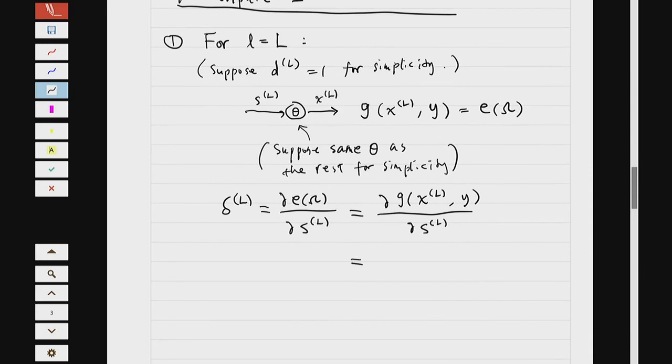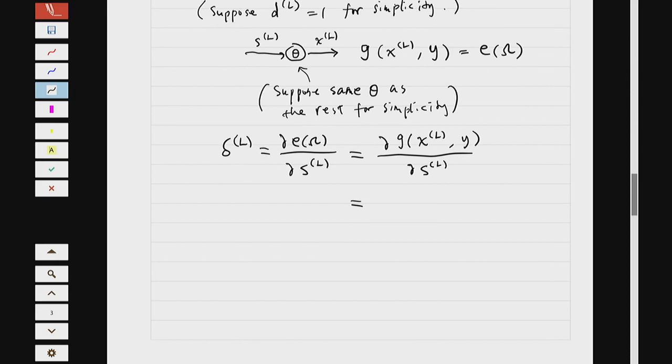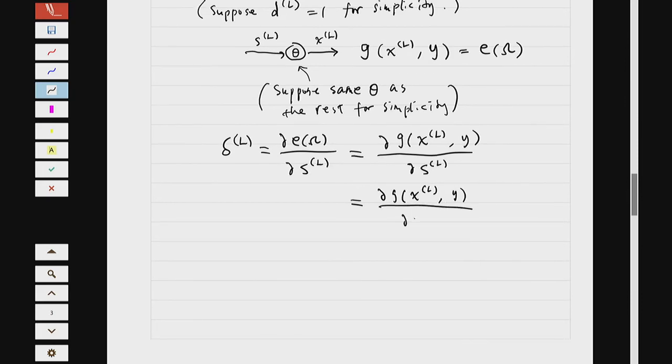Again, it's a composite function, X is a function of S, so we take the derivative using the chain rule. Again, this is the easy case. We're going to see the harder case later, so enjoy the easy time as much as we can.